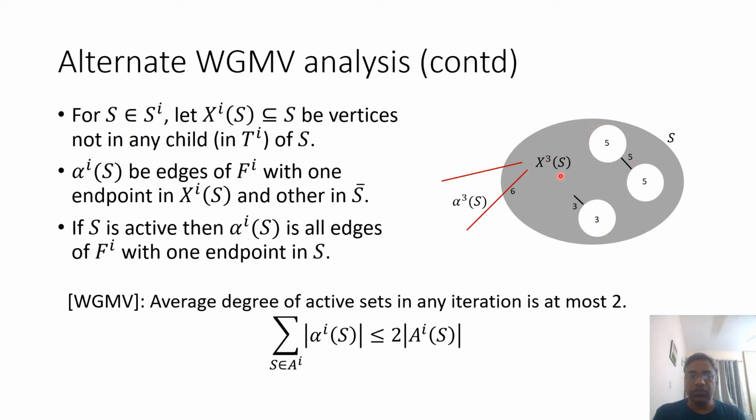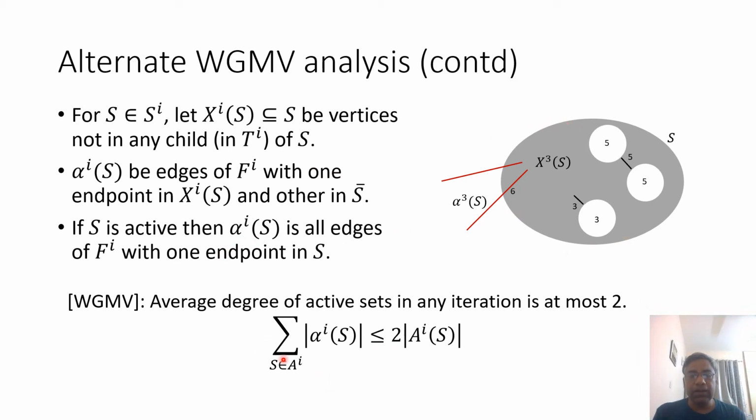So this is the zone, the set of vertices outside, and alpha is are those edges which have exactly one endpoint in here. And note that if this were an active set in the third iteration, then since remember we are only looking at sets with labels 3 or more, it would not have any subset in the tree. Because it would actually be a leaf of the tree T3, in which case alpha is all the edges which are incident to this set.